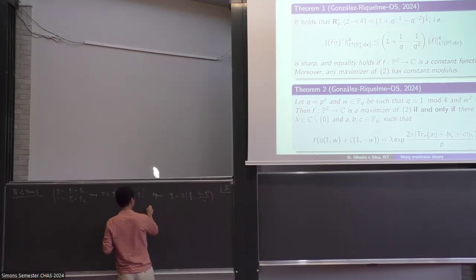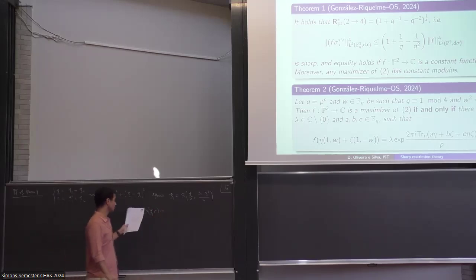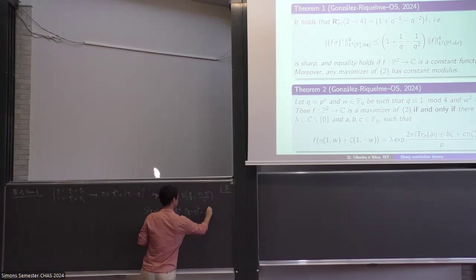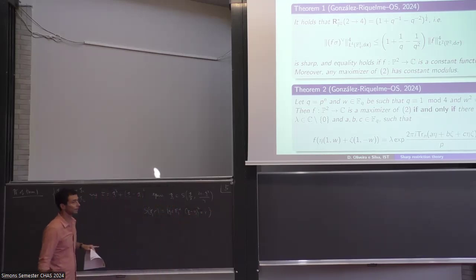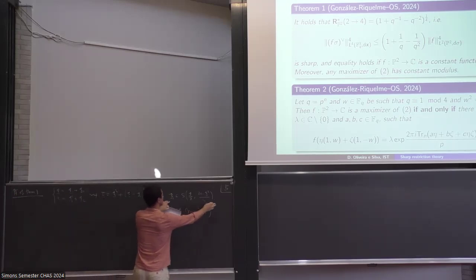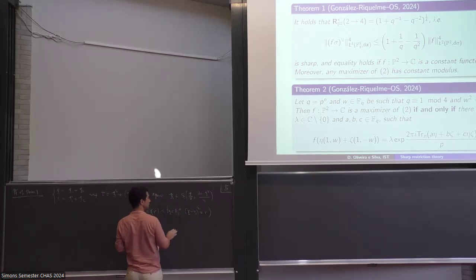Here I'm defining the circle of center gamma and radius r as the set of all points x in F_q^2 such that gamma minus x squared equals r. Actually, it's not really the radius, it's the square root of the radius, but we don't want to worry. So you can check that this equation is equivalent to C1 belonging to a circle of center C over 2 and radius 2 tau minus C squared.